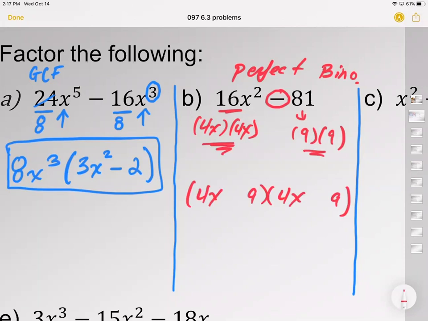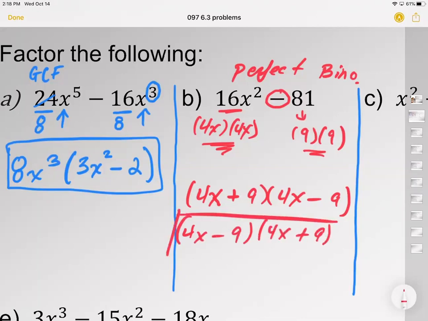So you take each of them and put them in one parenthesis. And what is the difference? One of them is positive, while the other one is negative. Again, you put in 4x minus 9 and 4x plus 9, right? One of them is positive, one of them is negative. Doesn't matter which one you put. You can put 4x minus 9 first and 4x plus 9 second, doesn't matter.